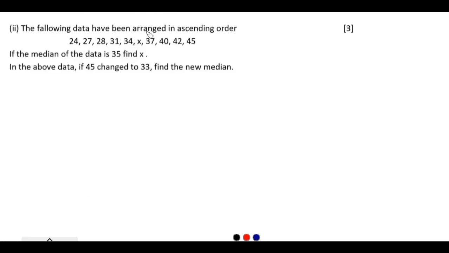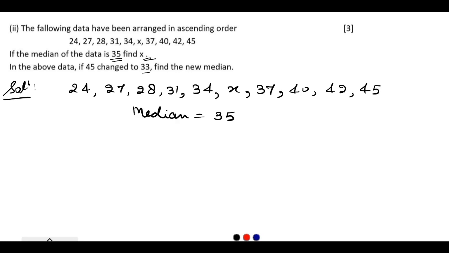The following data have been arranged in ascending order. The median of the data is 35. Find X. In the above data, if 45 changed to 33, find the new median. Number of terms are 1, 2, 3, 4, 5, 6, 7, 8, 9, 10.